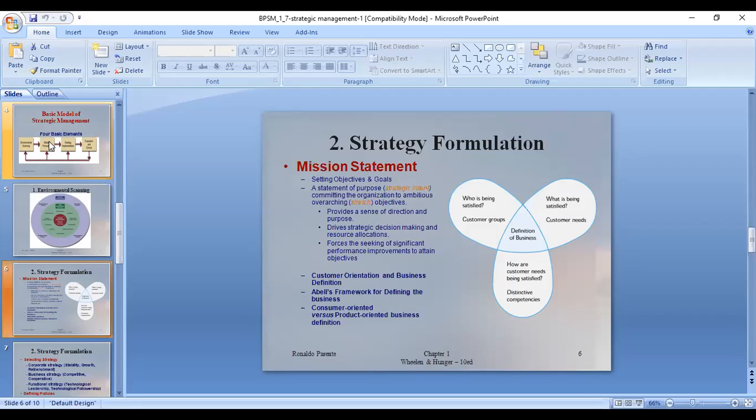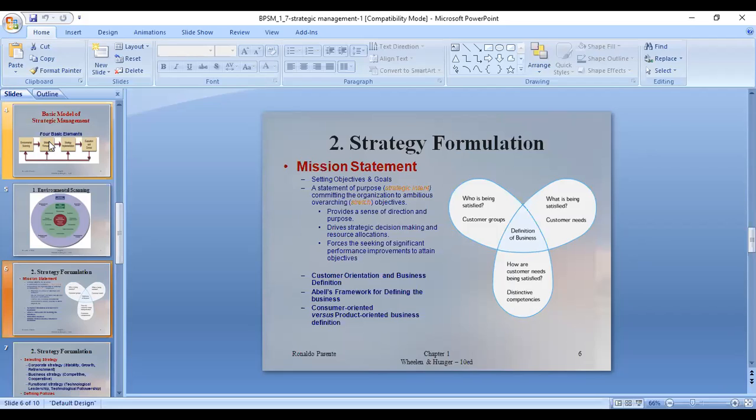From the domestic market, they have reached the international market. For every product, it's a mission. Tata Nano is a mission. They undertook it and became successful. So you have to set up the objectives and goals.